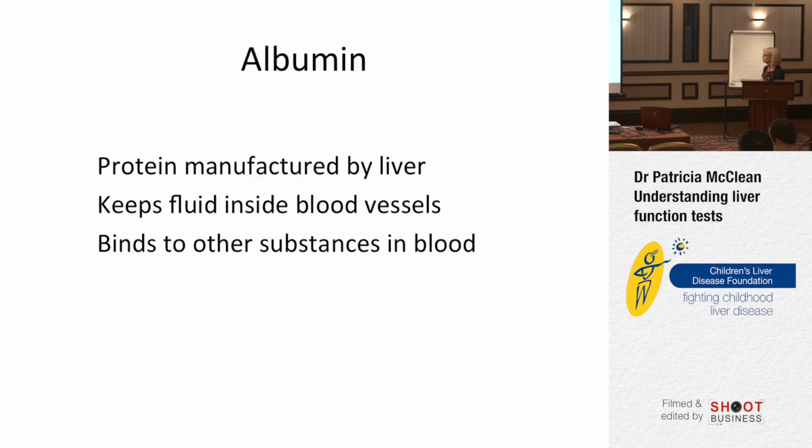Albumin is a protein manufactured by the liver, and its purpose is, you may know the term osmotic pressure, it keeps the fluid component of blood within blood vessels. And it also binds to other substances in the blood, like bilirubin, like some drugs.